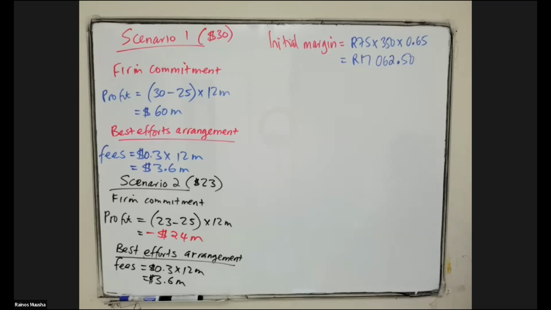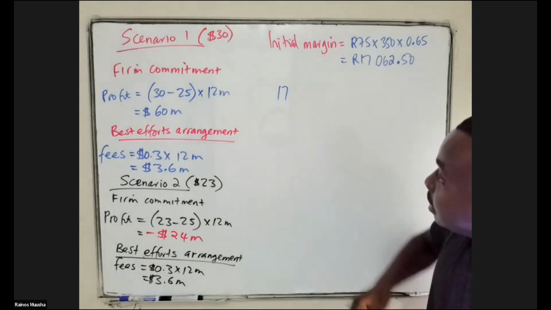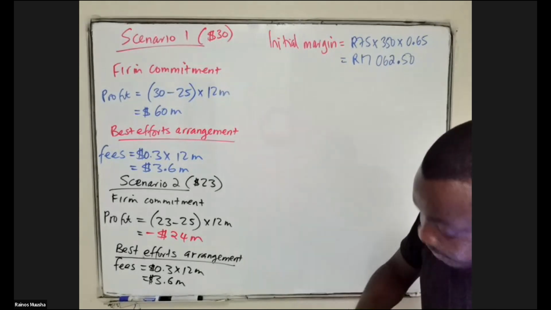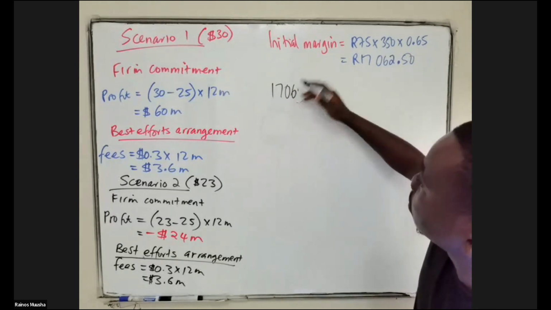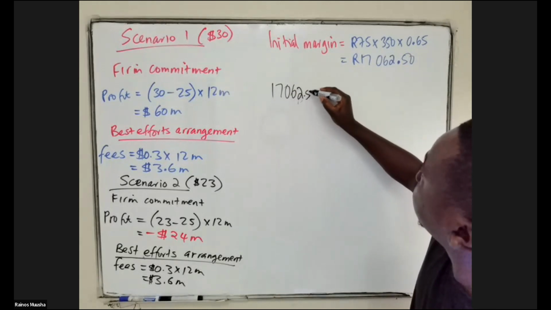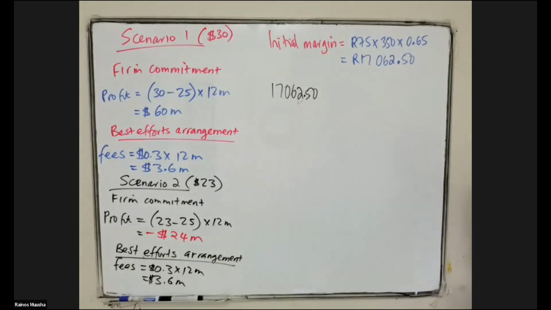So in this case, if your initial margin is given as 17,062.50, we know that you will receive a margin call when the price goes down by a certain amount.